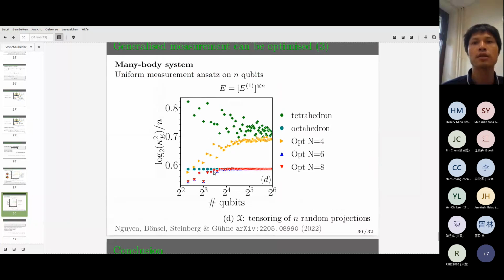This is because first we see that the qubits are equivalent, and on each of the qubits you derive a random projection. And then if the qubits are equivalent, in a way you can think of all of these random projections on all of the qubits as having the same effect as many random projections on a single qubit.